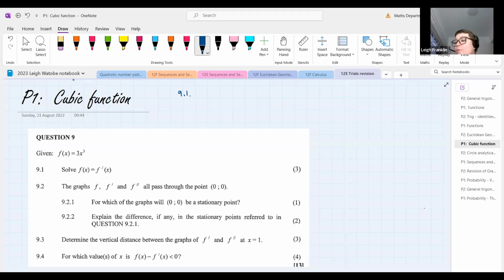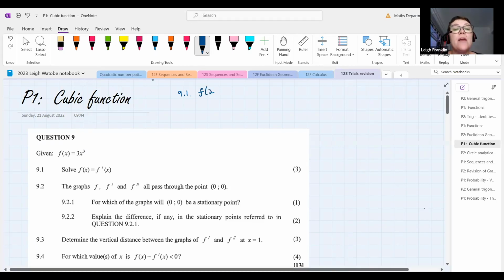How would we get f prime x? Ah, there we go. So the cubic function is equal to the graph of the first derivative. Beautiful. Exactly that. So let's work out what the first derivative would be.